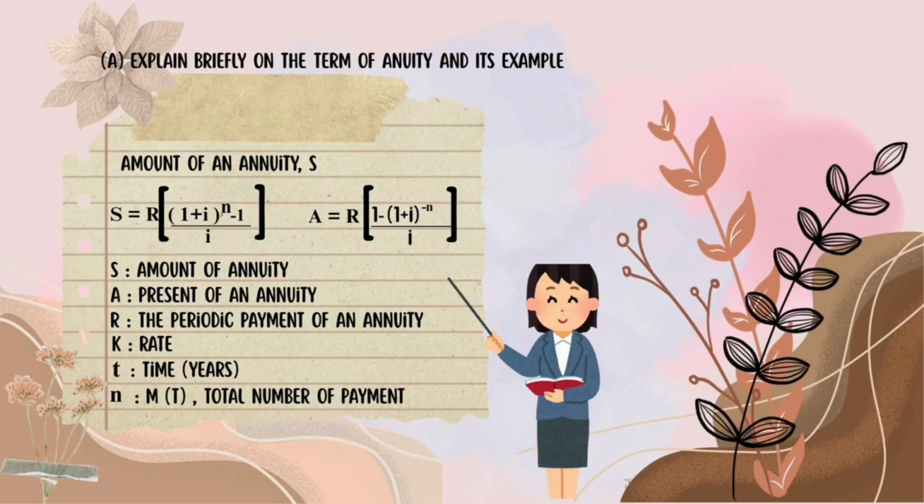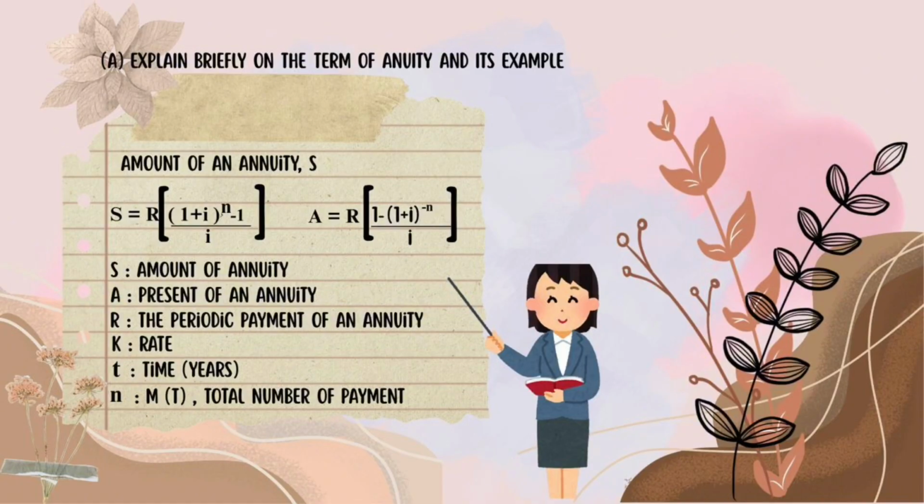Second formula is A equals R [1 minus (1 plus i) to the power of negative n] per i. So S equals amount of annuity, A equals present value of an annuity, R is the periodic payment of an annuity, K is rate, T is time, and M equals total number of payments.